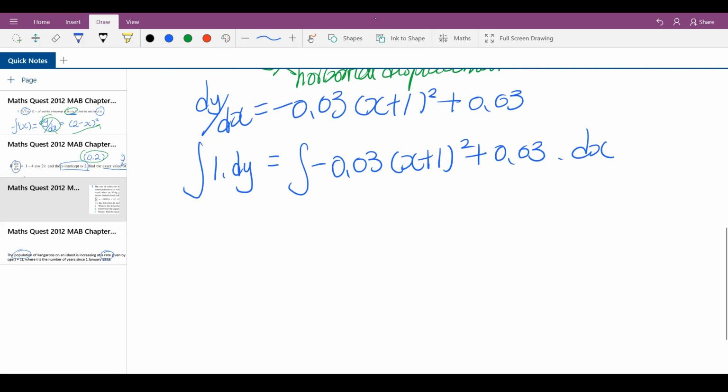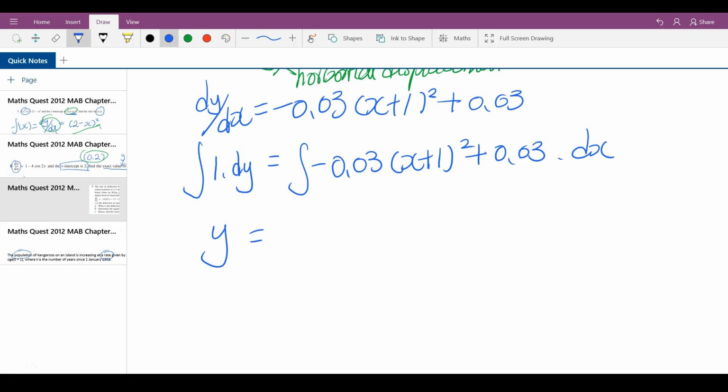Straightforward. Now that side literally just becomes y. Remember, we've got two parts over here: negative 0.03 multiplied by (x + 1) squared, and positive 0.03 as well.